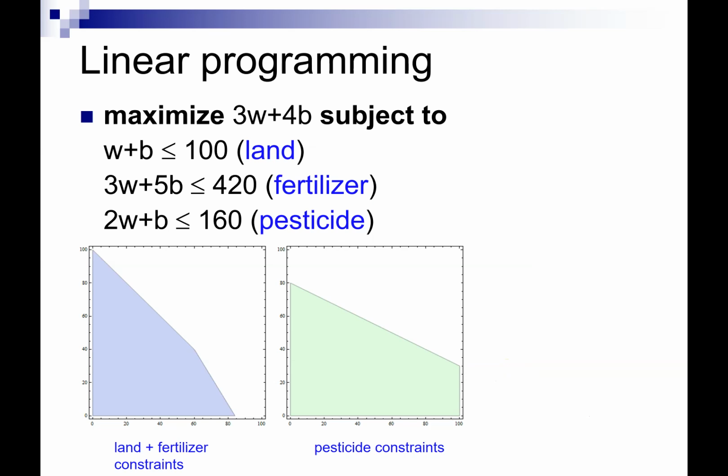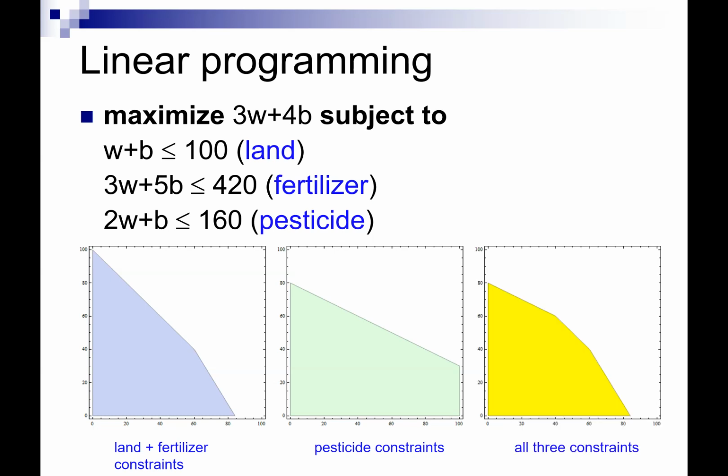Then we need to satisfy all three of these constraints: the land, fertilizer, and pesticide constraints. So we need to take this green region here and intersect it with this purple region over here. When you do that, you end up with this yellow region over here. This yellow region contains all the points which satisfy all three constraints.